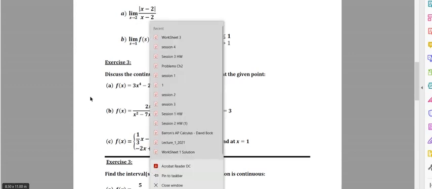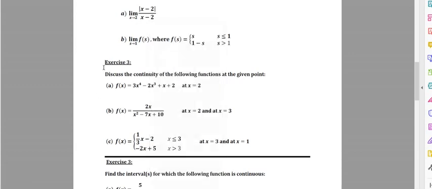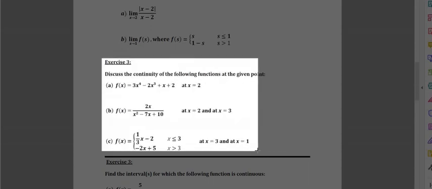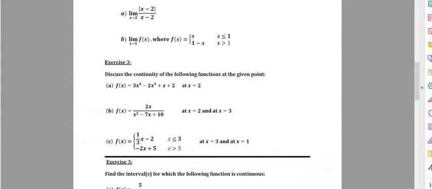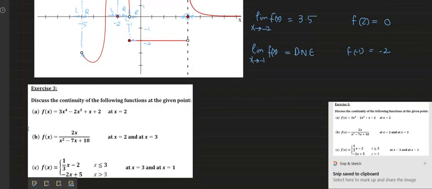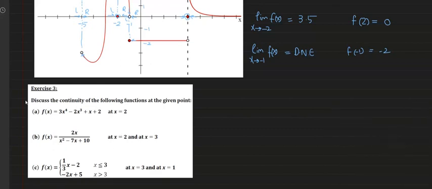So here we are asked in exercise 3 to discuss the continuity of the following functions at the given points. We will just discuss the continuity simply at these given points. So here, number A, what's that function?